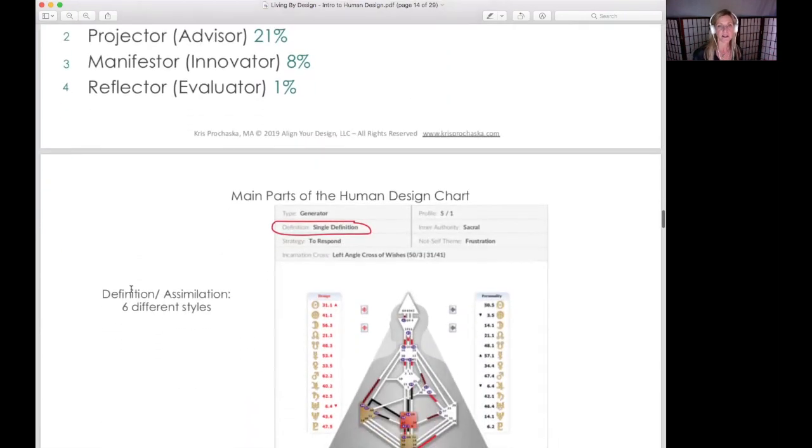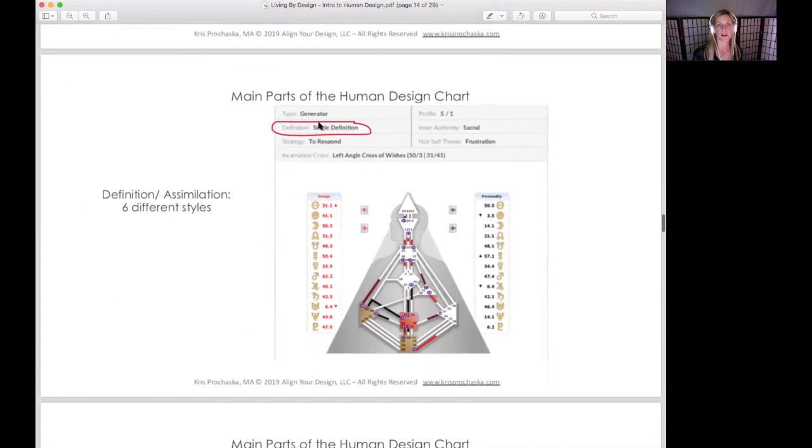All right, so then let's look at the second part of the design. We have the definition. So the definition is what we call assimilation in the business terminology, and there are 6 different styles of assimilation. This is basically, how do you take in and process information? I am, for example, a single definition. I work very independently.